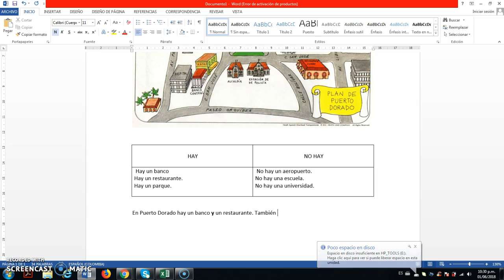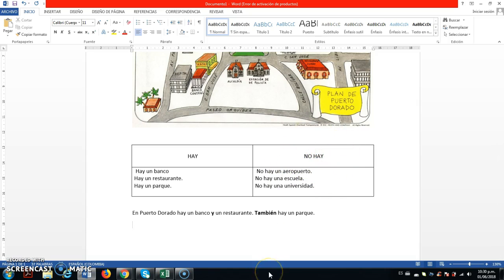También hay un parque. ¿Okay? También hay un parque. ¿Okay? Vamos a hablar de lo que no hay.